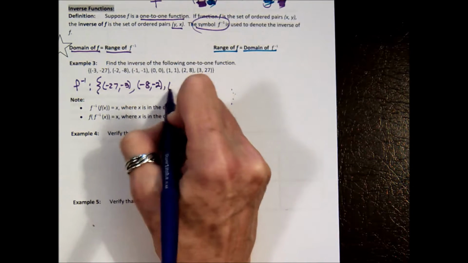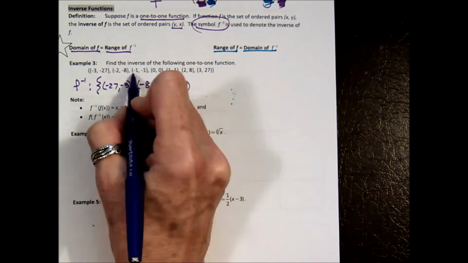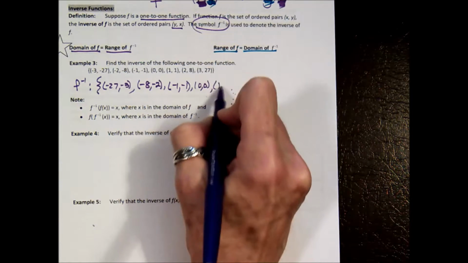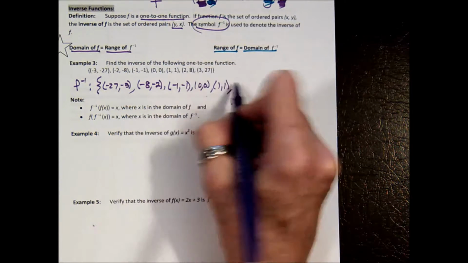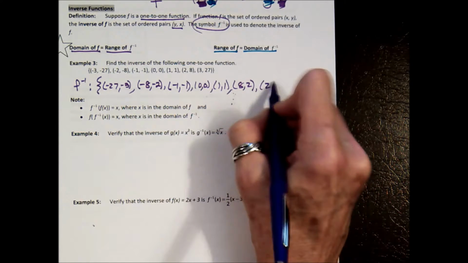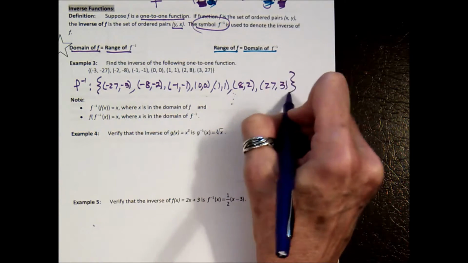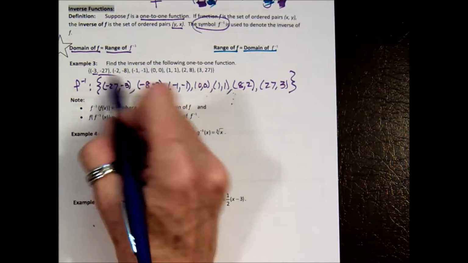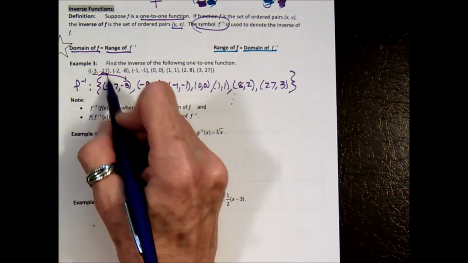We continue. This one stayed the same because when I turn them around, they're the same. This one stayed the same. This one stayed the same. But this one turned around is (8, 2). And this one turned around is (27, 3). So the inverse, every x here becomes the y, and every y here becomes the x. Very simple.